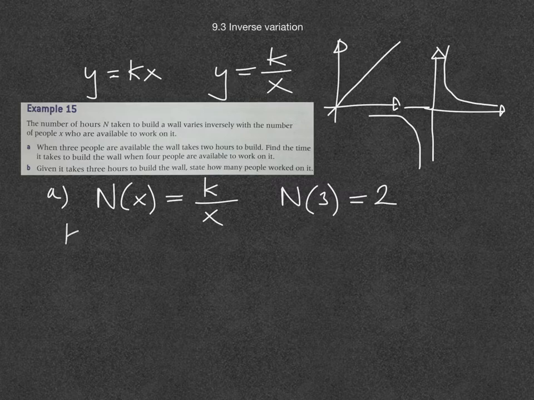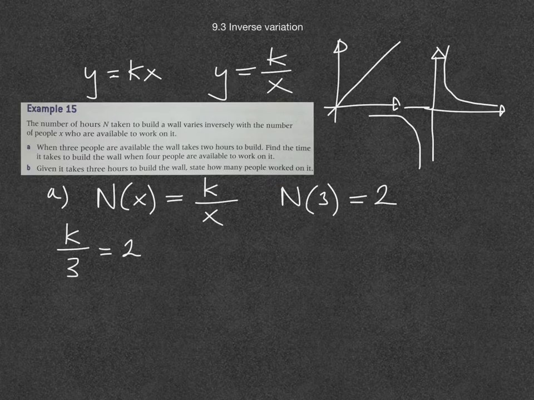So we have that k divided by x equals 2, and x, by the way, is 3.